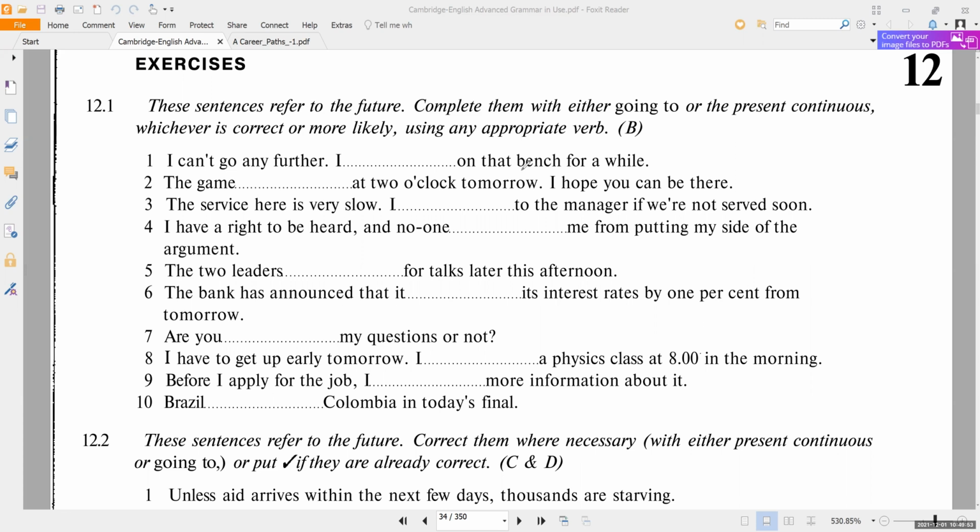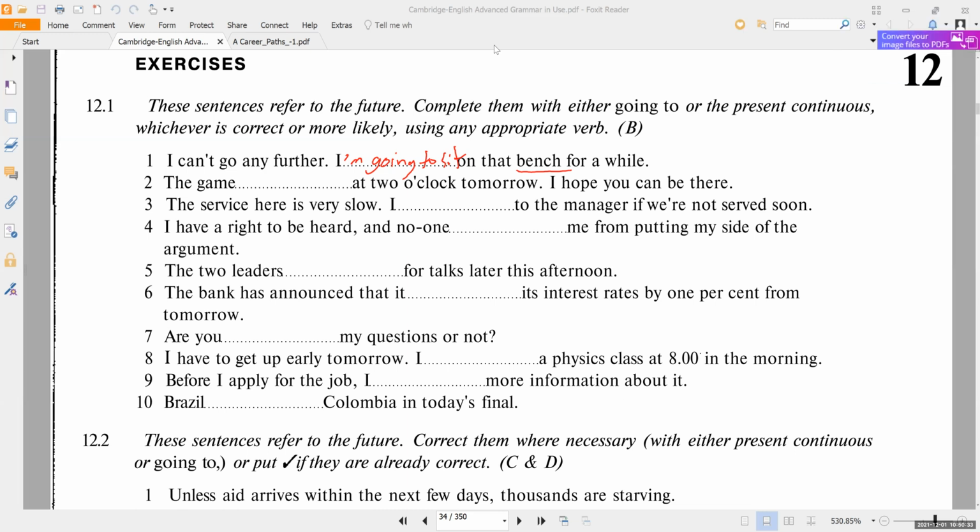On that bench for a while. فحنقول مثلا، إذا حنقول I'm going to sit. ليش؟ خلاص تعب. يقول تعبت من المشي، مش قادر نمشي. إذا نيته الآن أصبح عنده نية الآن إنه يجلس. خلاص مش حنقدر نكمل، مش حنستمر بالمشي. إذا هنا سيذهب ويجلس. I'm going to sit, yes, on that bench for a while.